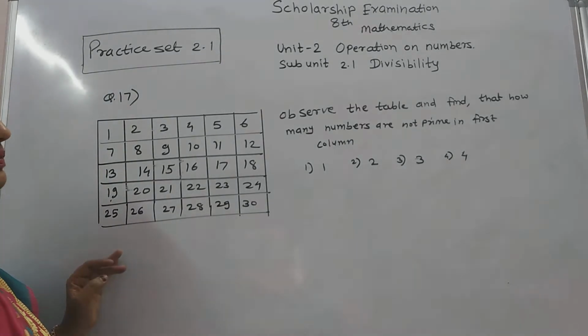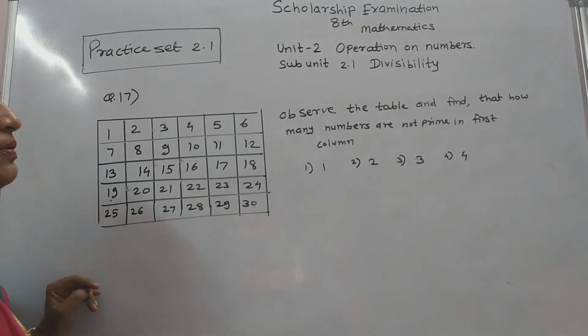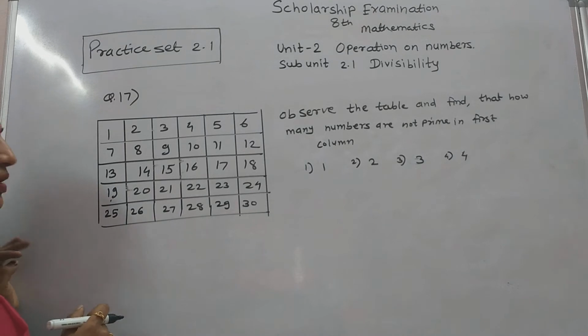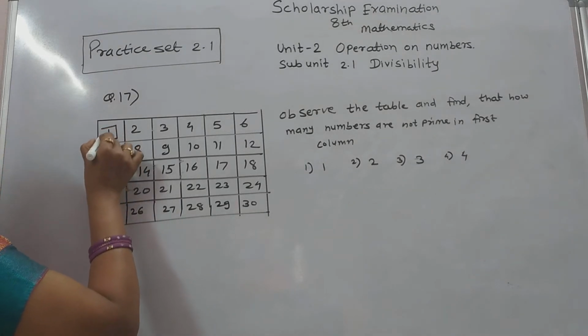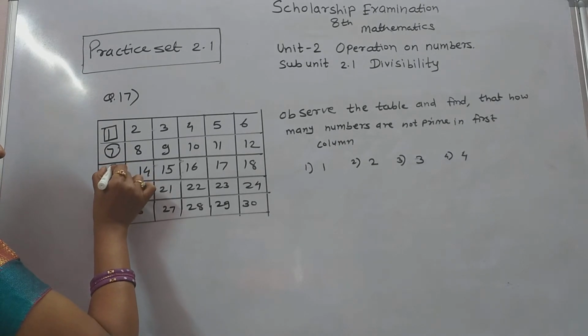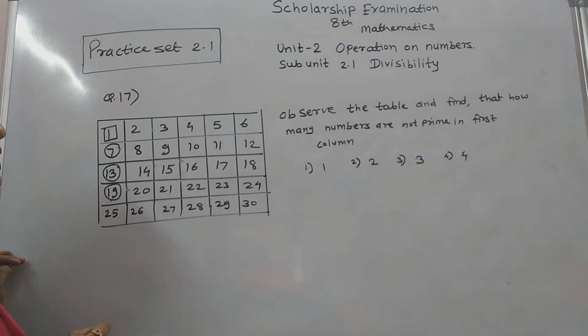Now observe the table and find how many numbers are not prime in the first column. See only the first column. 1 is neither a prime nor a composite number. 7 is a prime number. 13 is a prime number. 19 is a prime number. How many numbers are not prime in the first column?